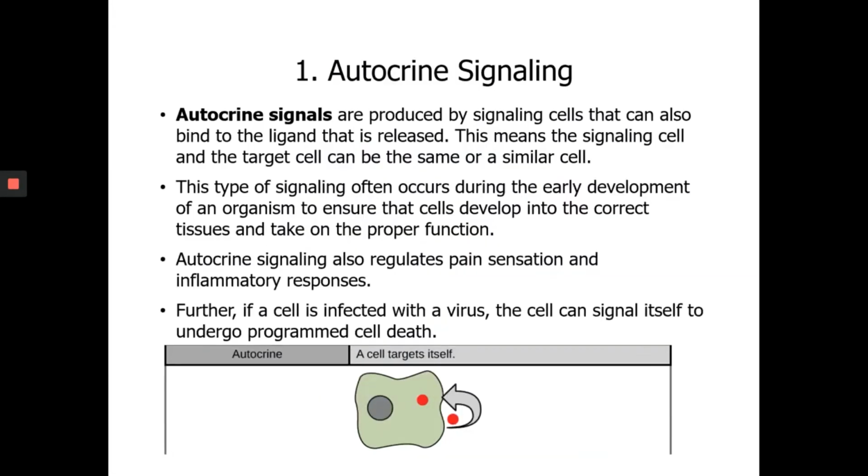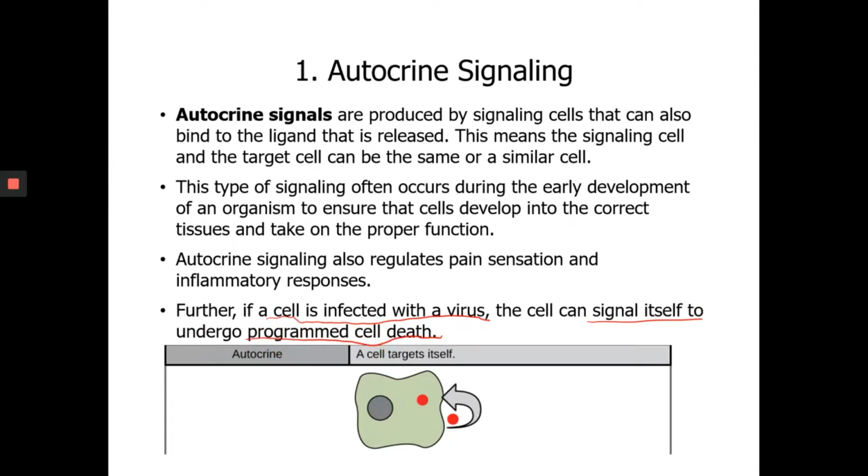Okay. All right. So the first one, autocrine, I already mentioned this a little bit. There is a very good example of autocrine signaling, and you might be interested in this. So if a cell is infected with a virus, the cell kind of knows that it's going to die, so it's going to send signals to itself to undergo programmed cell death.